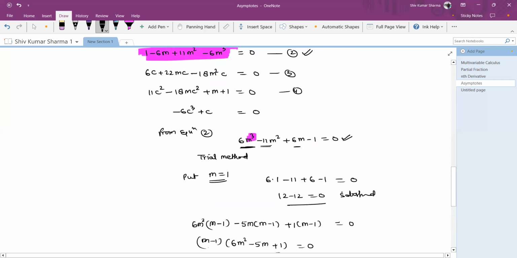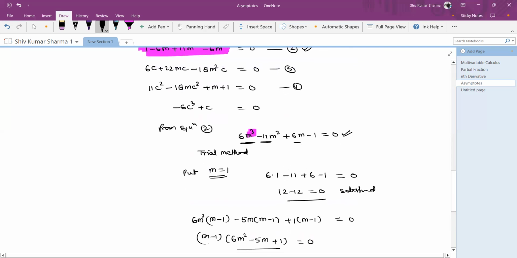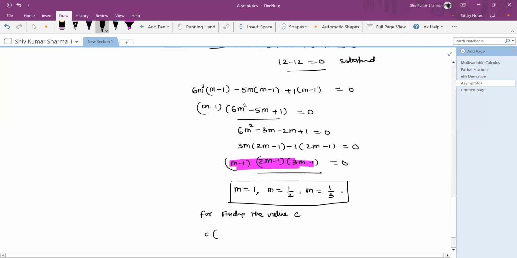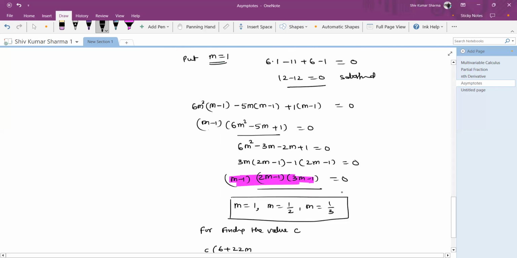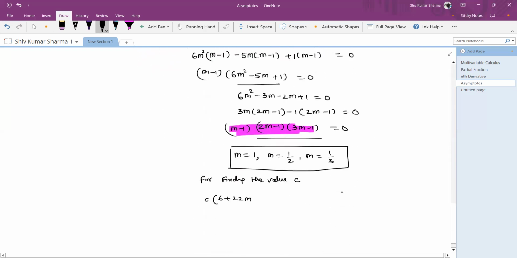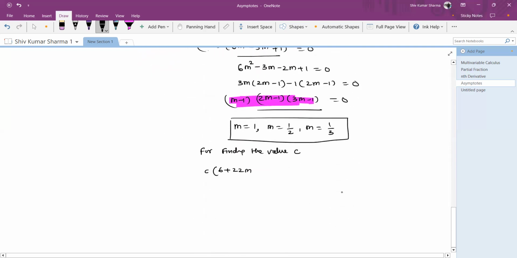So C into 6 plus 22m minus 18m square is equal to 0. So here you want to put m equal to 1. So suppose we put m is equal to 1 here. So C into 6 plus 22 minus 18 is equal to 0.